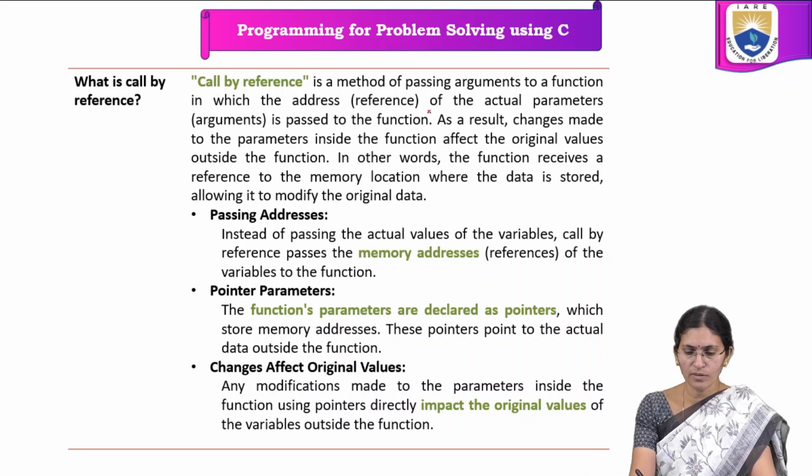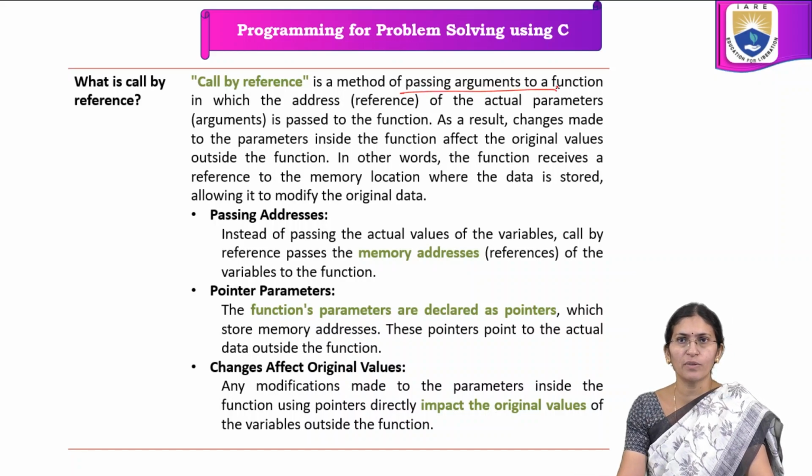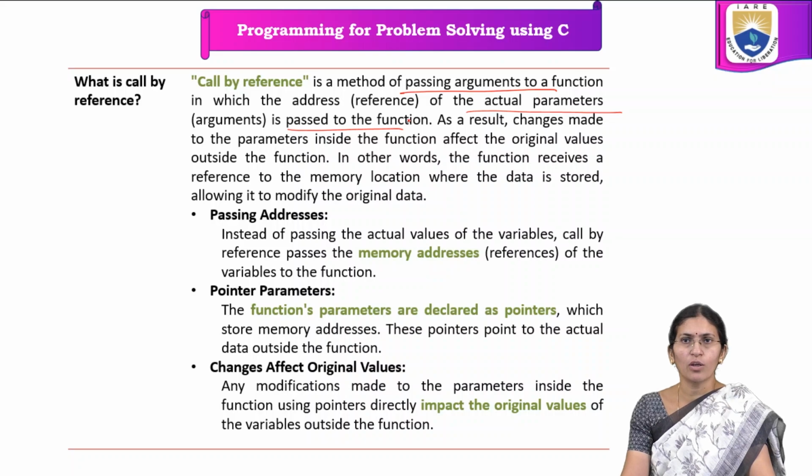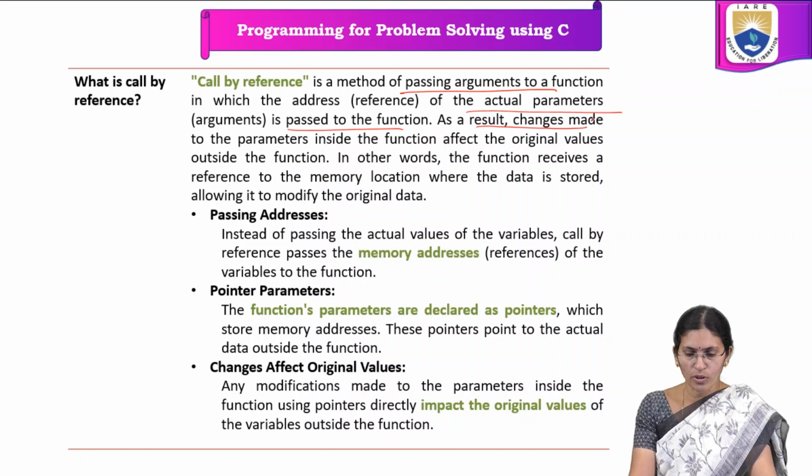Next one, call by reference. This is also a method of passing arguments to a function in which the address of the actual parameters is passed to the function. Here a copy is not passed, but the address of the actual parameters is passed. Whatever changes are made to the parameters inside the function, they affect the original values outside the function also.